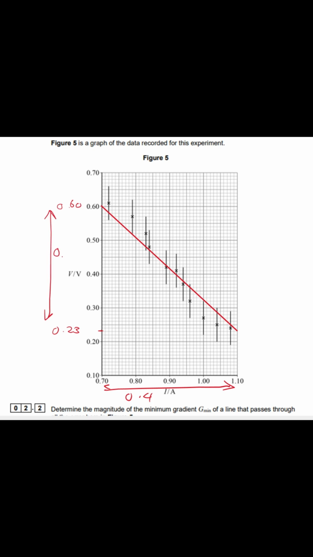So that's 0.37. Okay, so you just do 0.37, just check the units, voltage, amps, so there's no conversions of any sort. So 0.37 divided by 0.4 gives you 0.92 or 0.93. So the gradient is equal to 0.93. Okay.